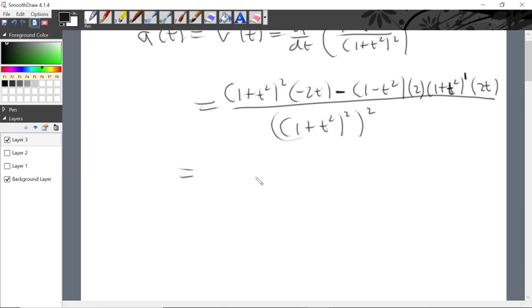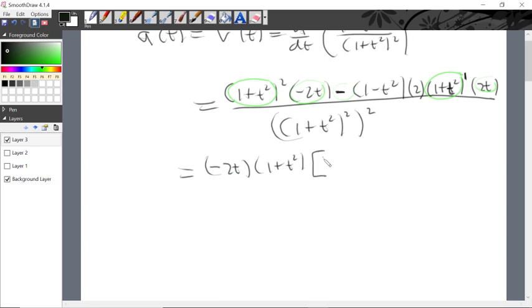Let's see. Let's do some factoring. We've got a negative 2t, we got a 1 plus t squared quantity squared over here. I got a 1 plus t squared right here, so I got a 1 plus t squared here, I got a 1 plus t squared here I can factor out. I also have a negative 2t along with a negative 2t right here. I'm going to take that out. So negative 2t and 1 plus t squared, and then I'll open up a bracket.